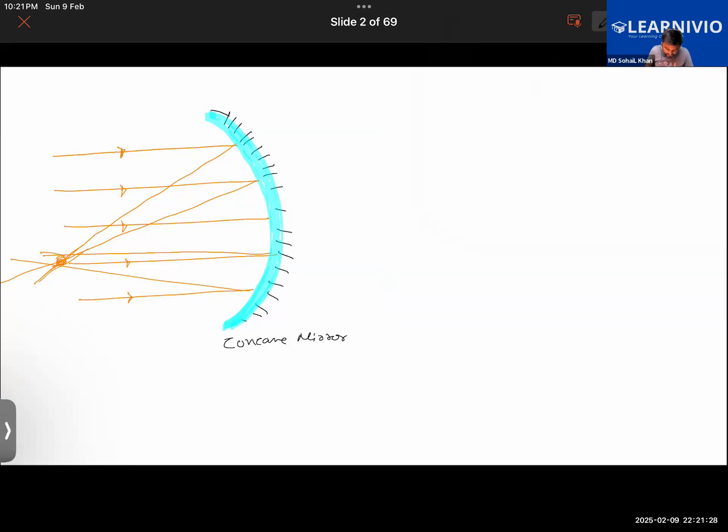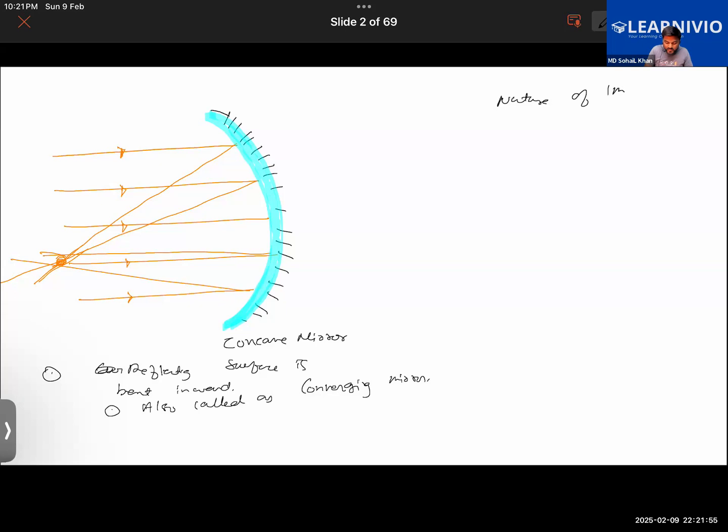So concave mirrors: first, the reflecting surface is bent inward. Next, also called converging mirror. Talking about the nature of image formed by it, the concave mirror can form a real image as well as a virtual image.